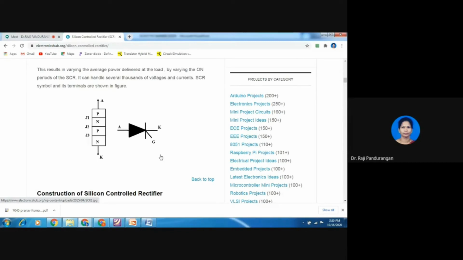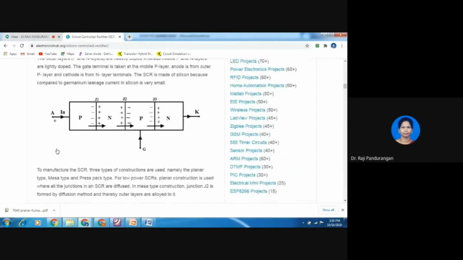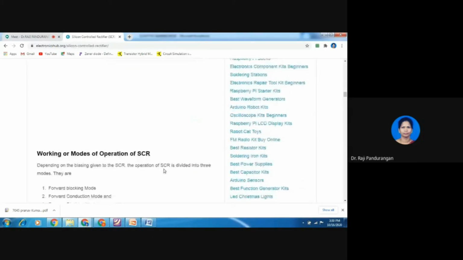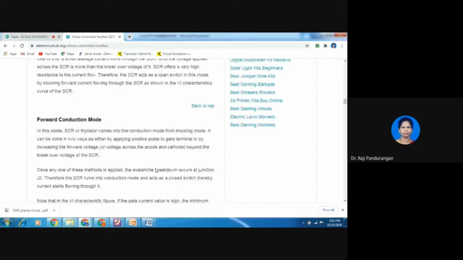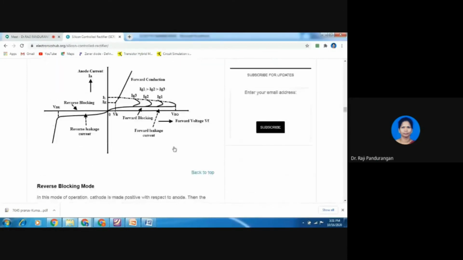So the diagram should be there, the symbol should be there, the construction should be explained, and the working principle should be explained. I'll post the video also for that, you see it. Then the working modes, as I told you: forward blocking, conduction, all those. Draw this diagram, and you can give a 1.5 page explanation based on it.